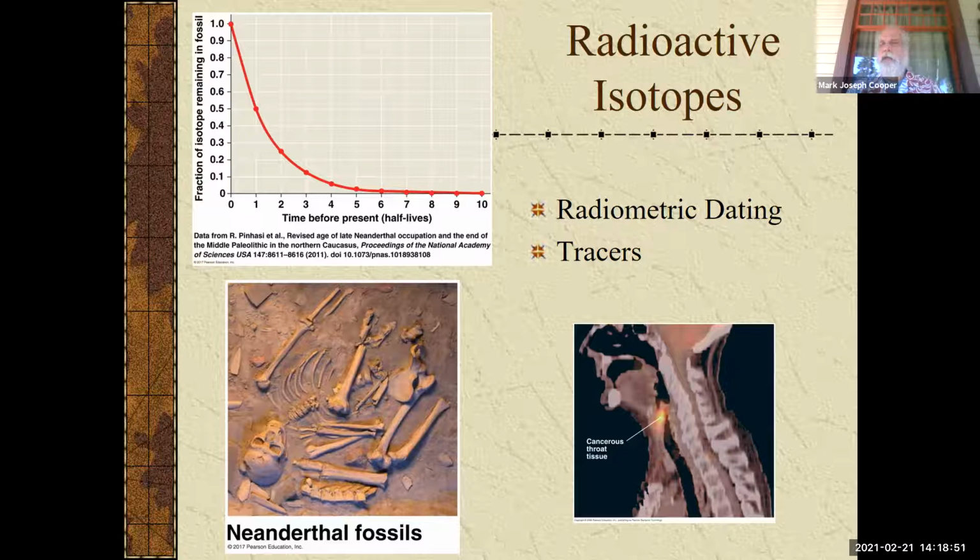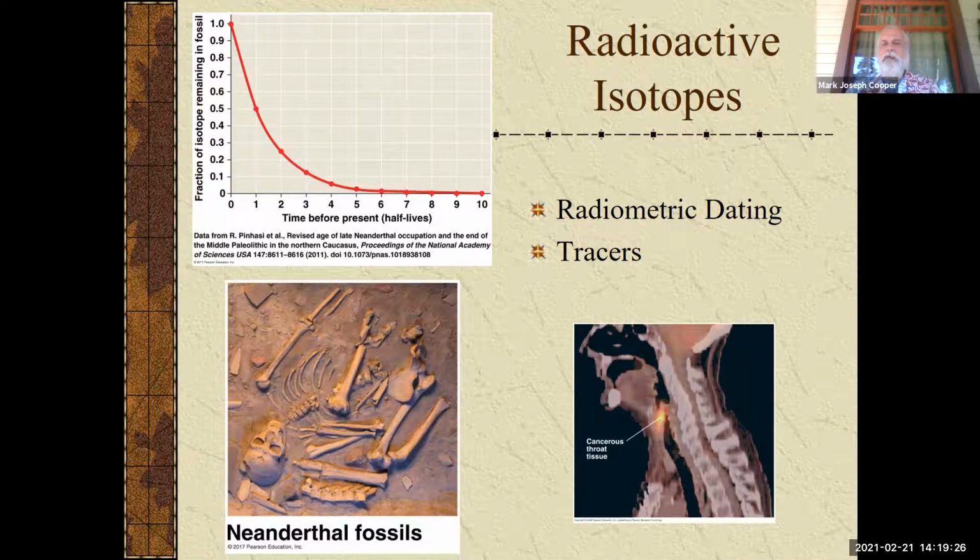So as a living creature, you are taking in carbon, and the carbon that's in the atmosphere has a certain amount of carbon 14 to carbon 12 in your system. So you're bringing both those in. You're bringing in mostly the normal one, but you're also bringing in a little of the radioactive isotope. Once you pass away, once you're gone and you're not taking it anymore, the carbon in your system starts to degrade, and so they can look at that amount.